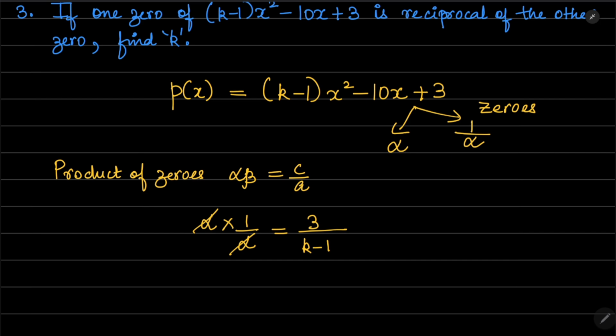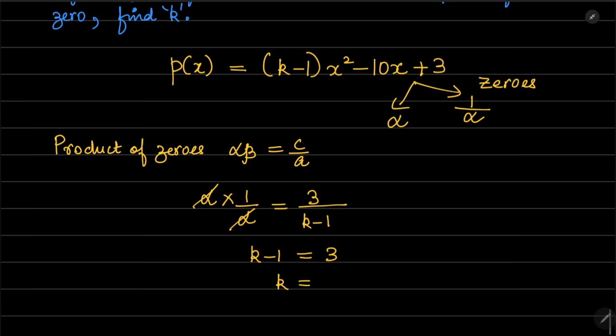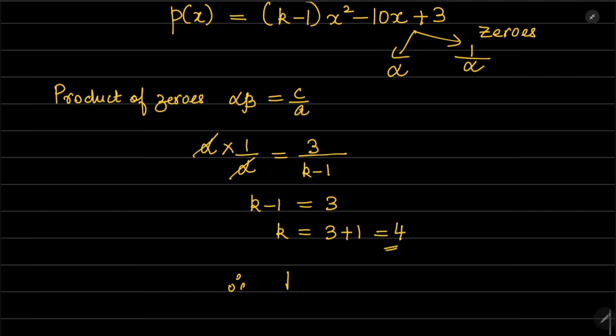Alpha gets cancelled. So cross multiply, k minus 1 is equal to 3. Or you are getting k equal to 3 plus 1, which is 4. So you should write k is equal to 4 as your answer.